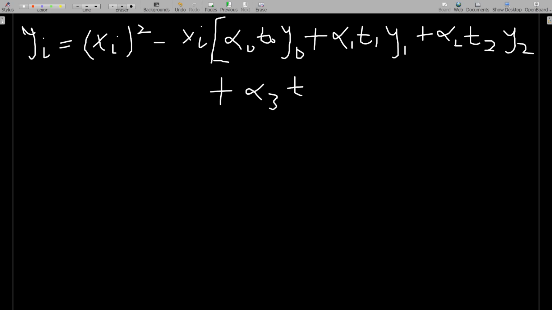We don't have 3 there. Then you close them, times your delta t, which is 1/6.